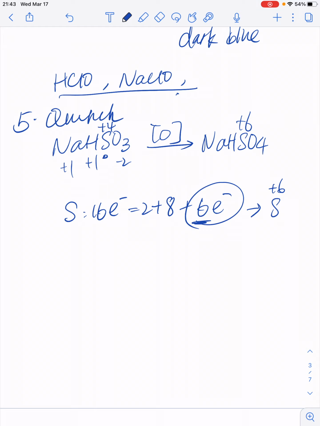So basically, we use sodium bisulfite to reduce the presence of oxidizer and lead to the formation of bisulfate, right?